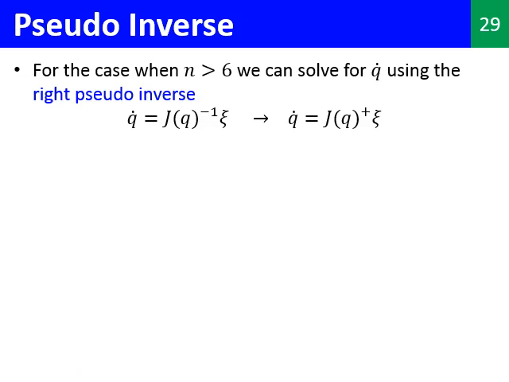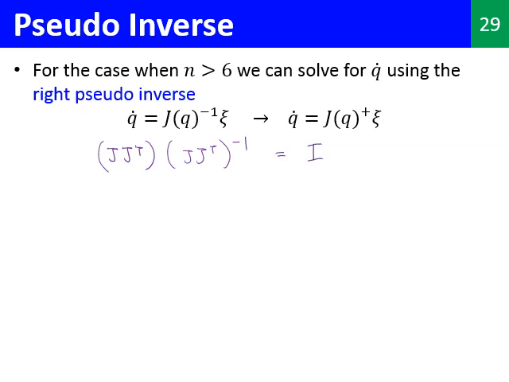For a robotic manipulator that has more than 6 links, we call them redundant manipulators. For redundant manipulators, we can solve q dot using something called the right pseudo inverse. So what is the pseudo inverse? Now we can write J times J transpose, so that is some matrix, times its inverse should be equal to the identity matrix, right?